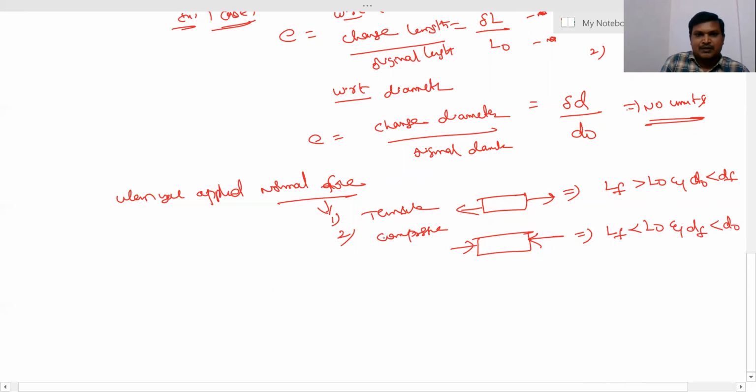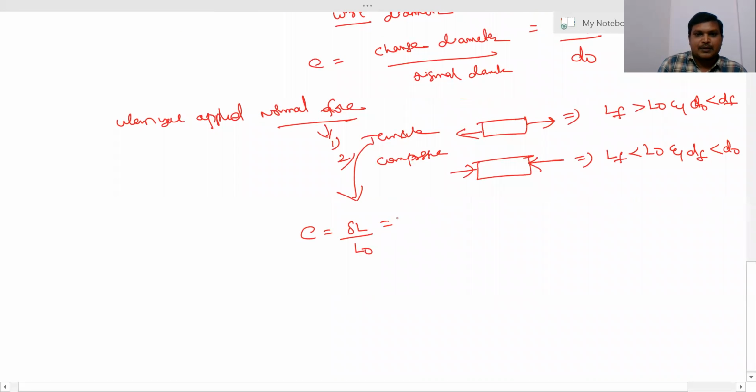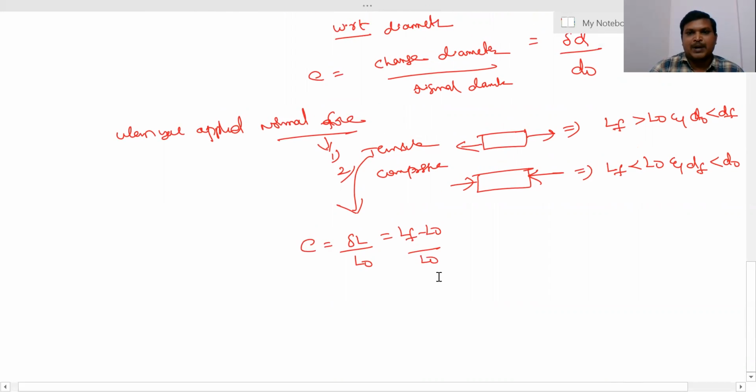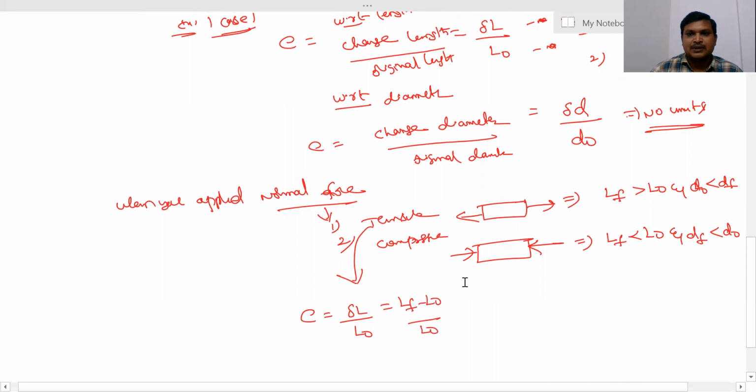So strain, for tensile force, is equal to the change in length delta L by the original length L0. The change in length we can write as final length minus original length. When you apply tensile force, LF is greater than L0, so the net effect will be positive.